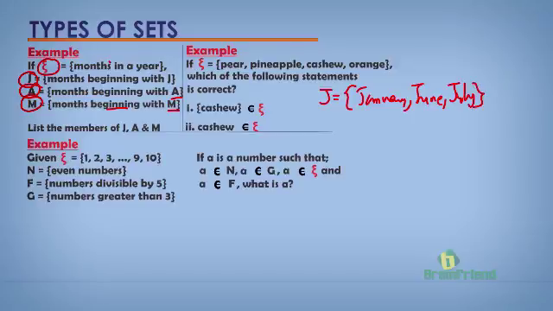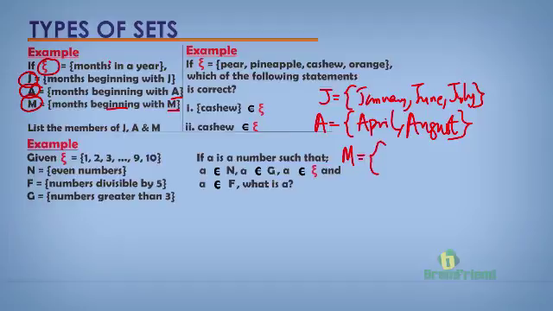The set for A would be the months April and August, while our set for M would be March and May.